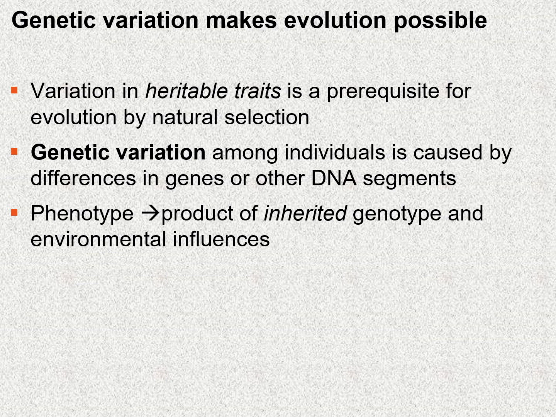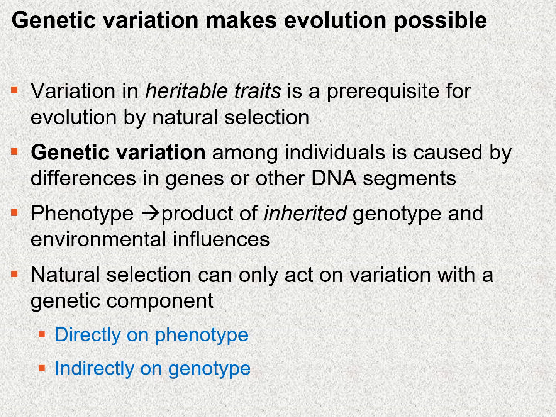It's also partly influenced by the environment. Now, it's the inherited part that natural selection can generally act upon. Natural selection can only act upon variation that is heritable, and I've already mentioned that. Natural selection acts directly on the phenotype, but indirectly on the genotype. Even though it's the genotype where the alleles are, it's the phenotype that's acted upon.